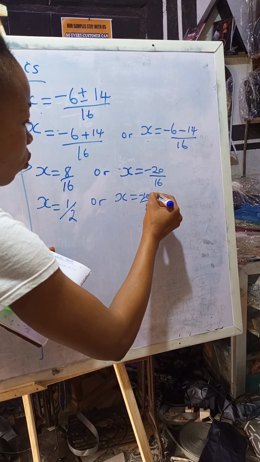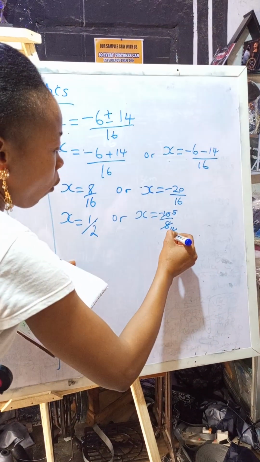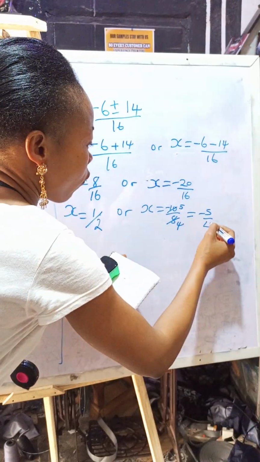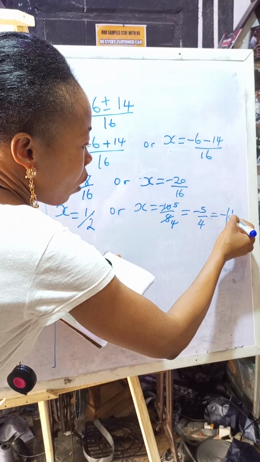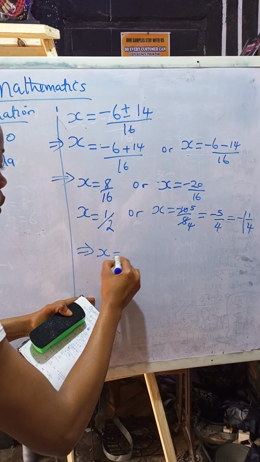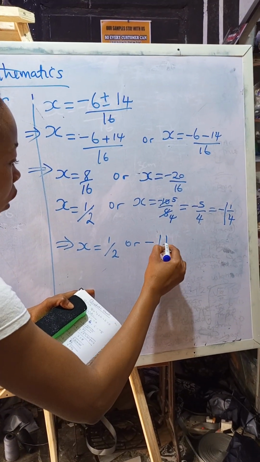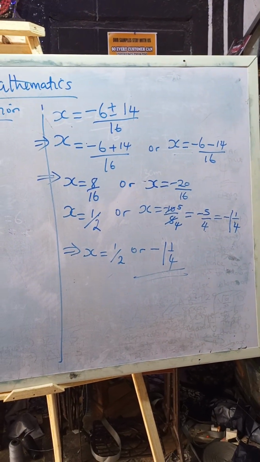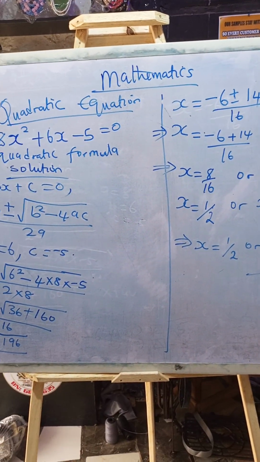Then 2 into this will give me minus 5 over 4, which is the same thing as minus 1 whole number 1 over 4. Therefore, x equal to 1 over 2 or minus 1 over 4. So these are the two possible solutions of x.